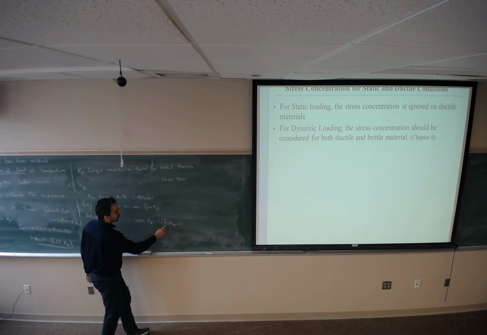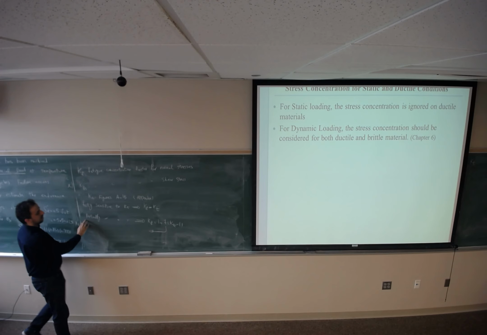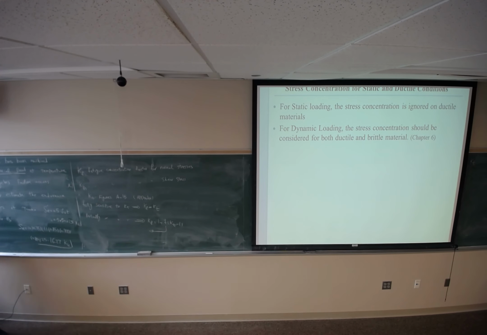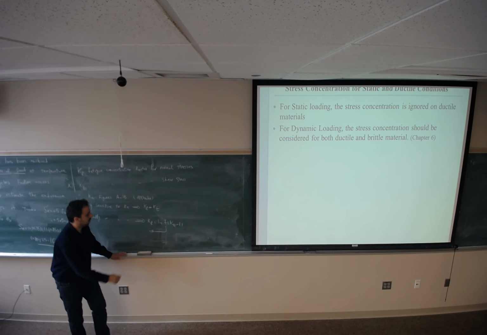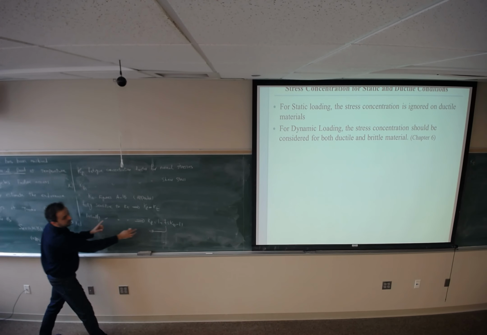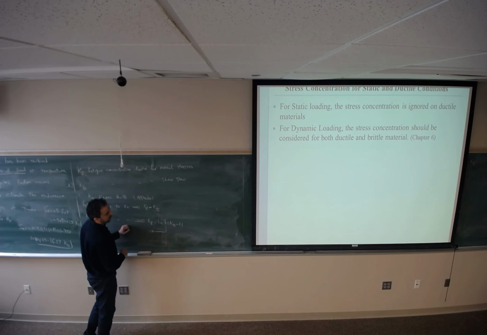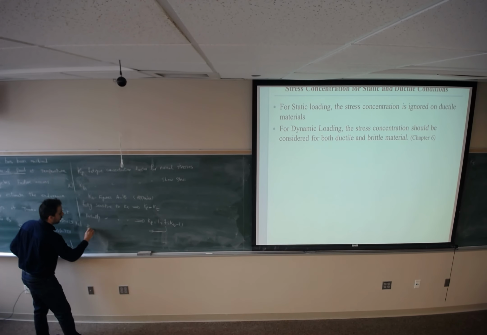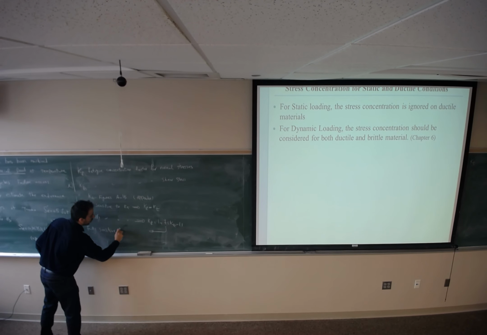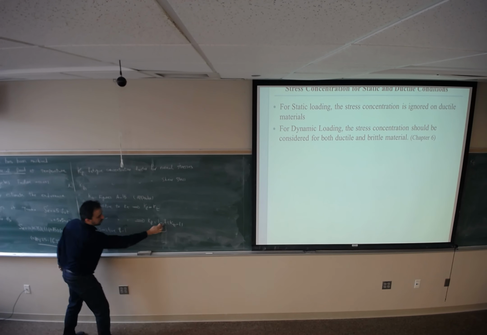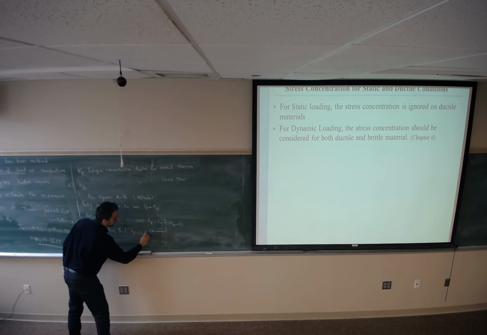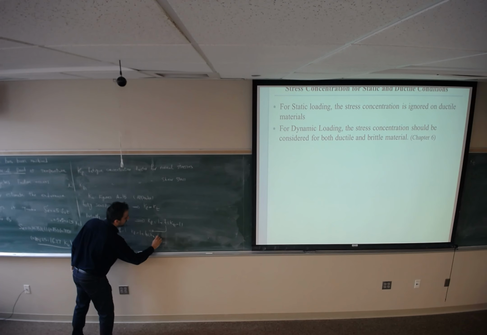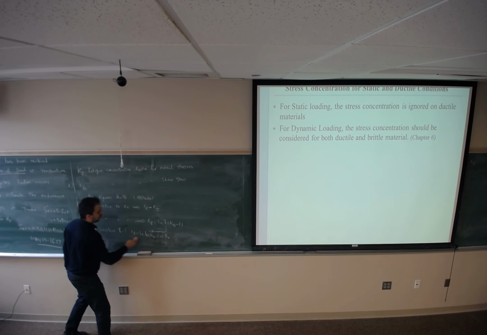This Q represents the sensitivity of that material to KT. Fully sensitive means Q equals 1. Just plug in 1: KF would be 1 plus 1 times KT minus 1, so KT is going to equal KF.